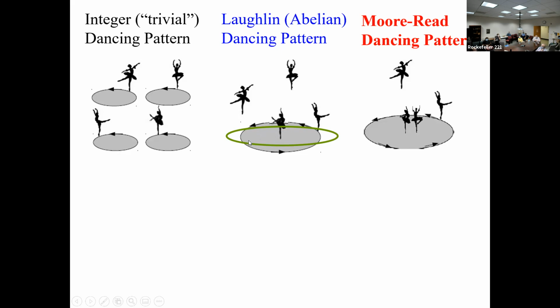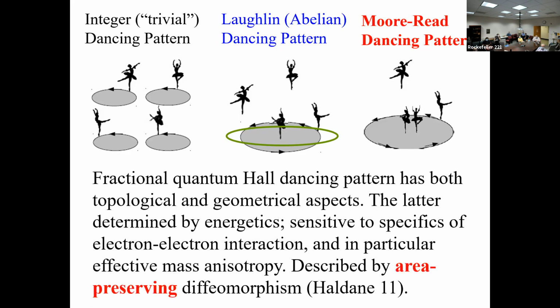But as long as this ellipse still encloses exactly, let's say, 3 flux quanta for the Laughlin state, the dancing pattern is still self-consistent. This kind of geometric distortion without changing the area is called area-preserving diffeomorphism. This was one of the main points of Haldane's 2011 paper.